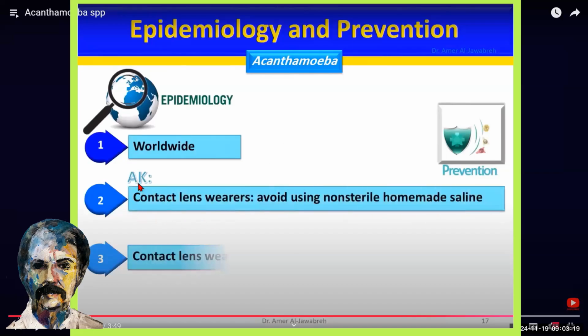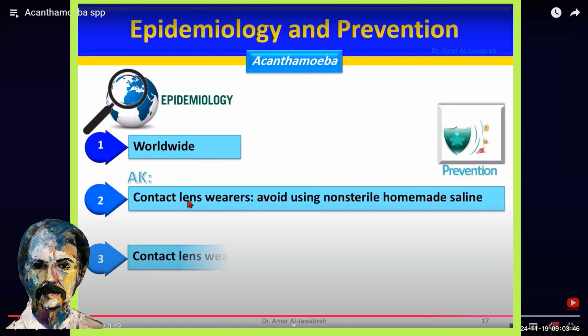AK, Acanthamoeba keratitis, contact lens wearers. Some people don't like to wear glasses, so they use the alternative, contact lenses. And they have a washing solution for these contact lenses. This washing solution can be contaminated. It can be saline you make at home.